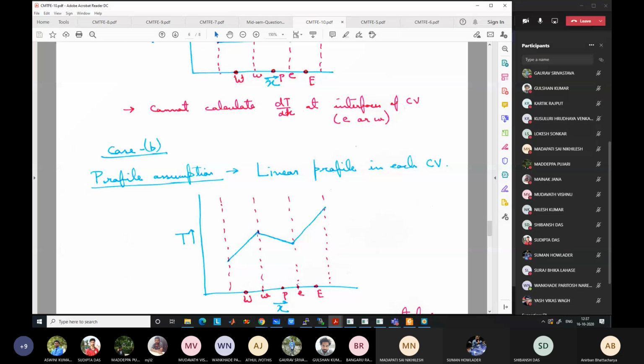At least there is continuity of temperature, with no jump, which is not physically possible anyway because there is no resistance here. So the temperature is continuous. Now, at these faces, k dT/dx at east and west.